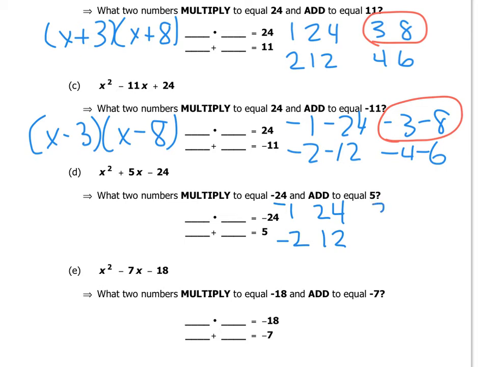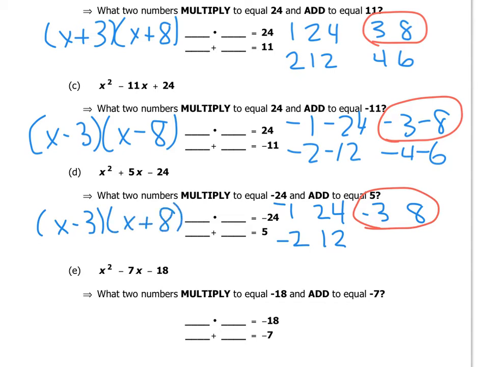We also have 3 and 8. Again, the bigger one has to be positive, the smaller one negative. These two happen to add up to a positive 5, so these will be the numbers that we're going to use. And that means that our factors are x minus 3, x plus 8.